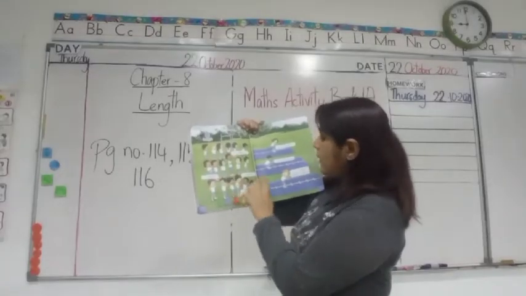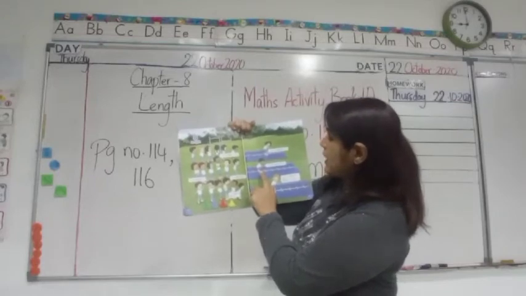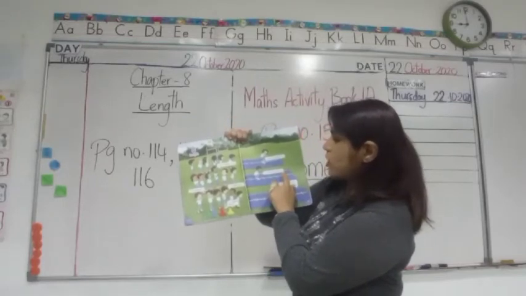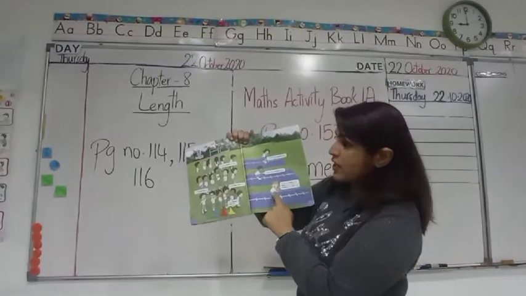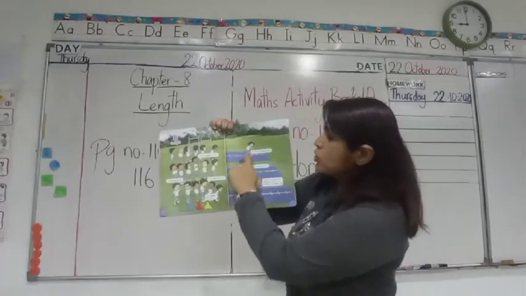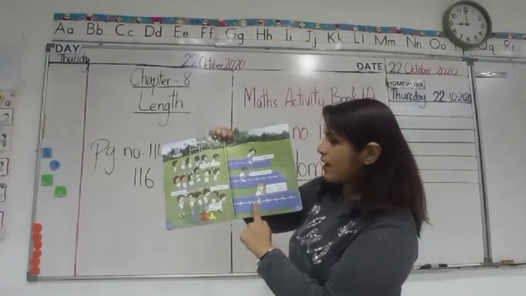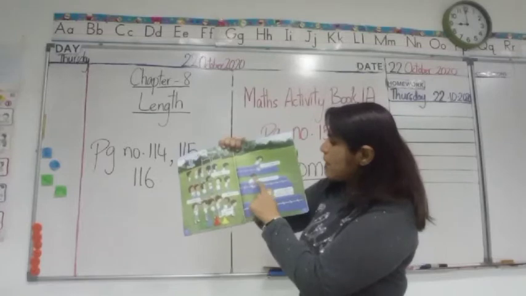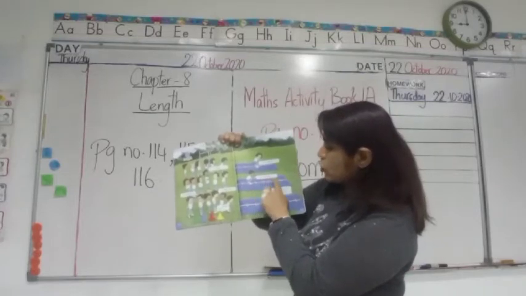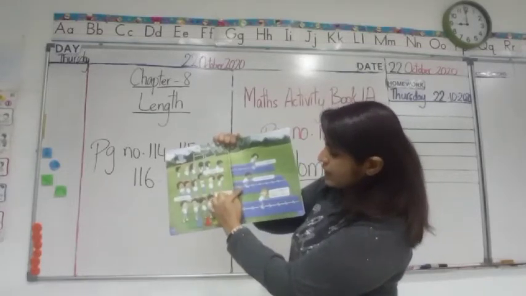Now the boy here, Bala, says, I make the shortest jump. Callie, Bala and David have taken the first turn to jump. So they jumped at the same time. Callie says, I make the longest jump. Bala says, I make the shortest jump because he is behind here.